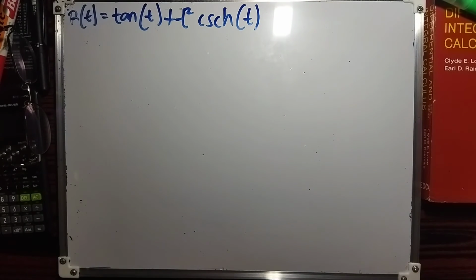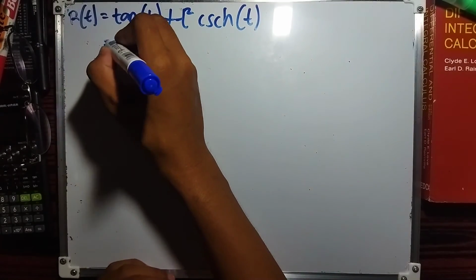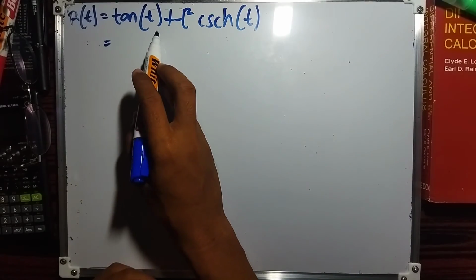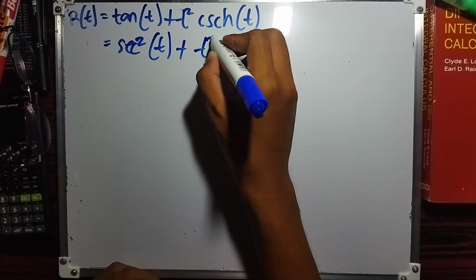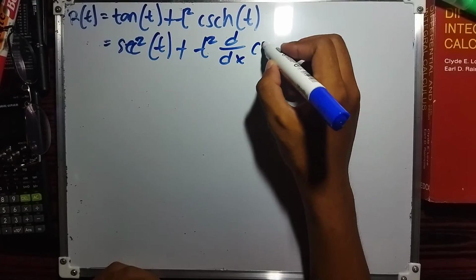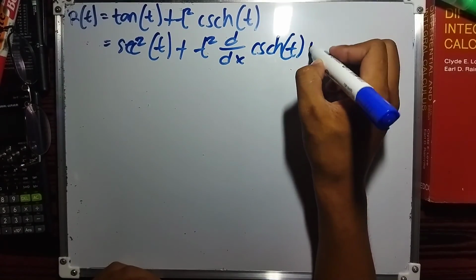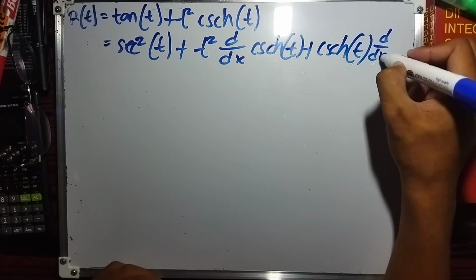Just like the derivative of inverse trigonometric function, the derivative of hyperbolic function also follows certain rules, or constant corresponding derivatives like tan and csch. So to find the derivative of tan t, it would be secant squared t, plus t squared times the derivative of csch t, plus csch t times the derivative of t squared.